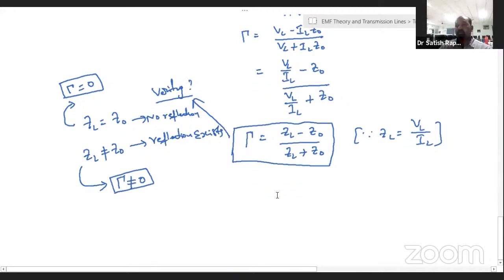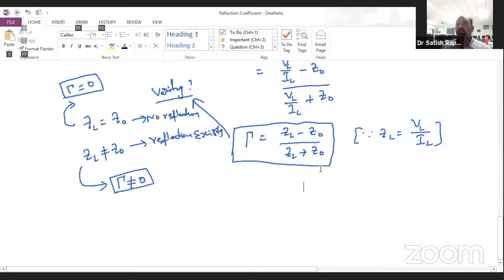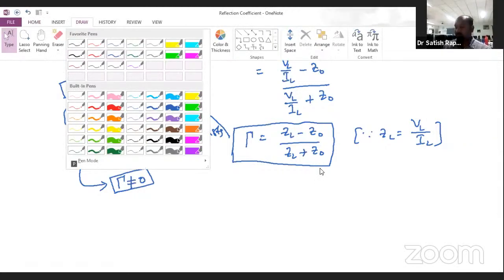Capital gamma is equal to (ZL minus Z naught) by (ZL plus Z naught) is the expression for reflection coefficient, where ZL is load impedance and Z naught is characteristic impedance. That is what we discussed in our last class.